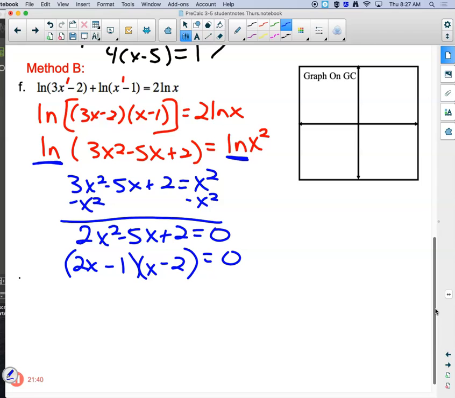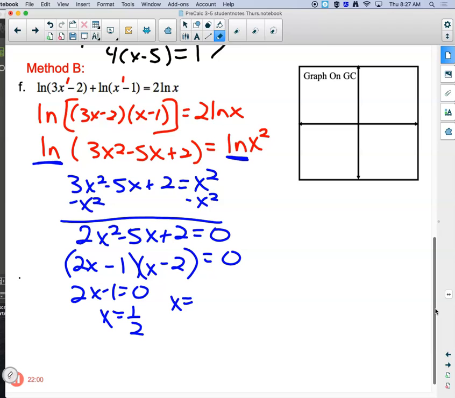So our two solutions come from these two factors using the zero product property. We'd add 1 and divide by 2. And then the second one over here is going to be x equals 2. And at first you think, well, this does have two solutions. Hey, good job, got them. But you have to remember, when we started, it was x to the first.